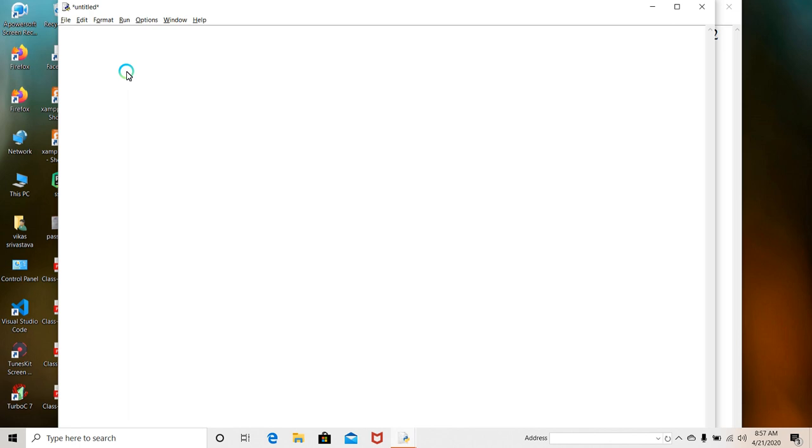The first function is alphanumeric. What does this function do? It returns only two values, either true or false.